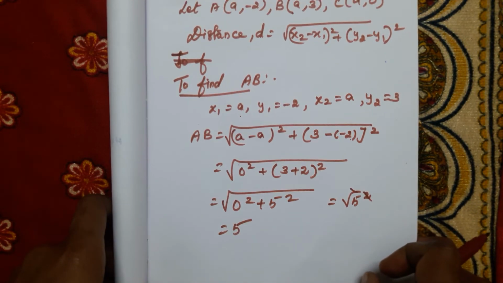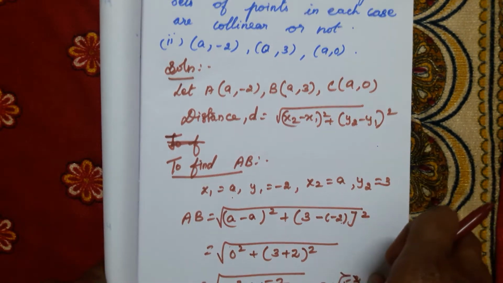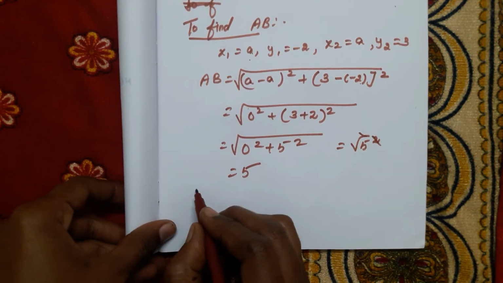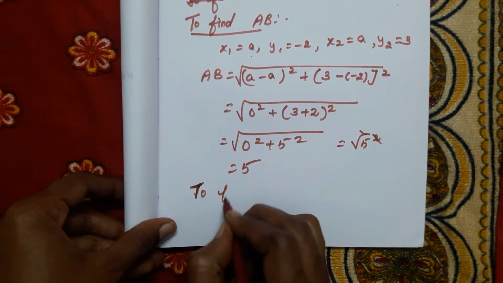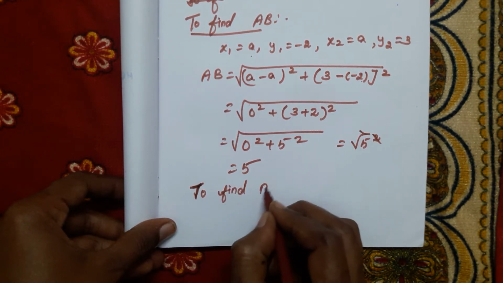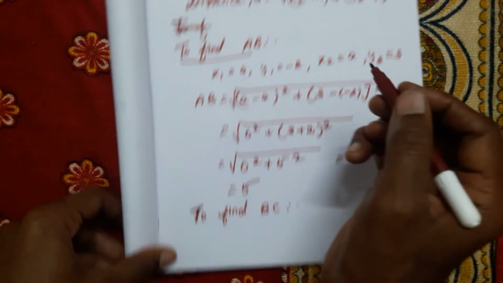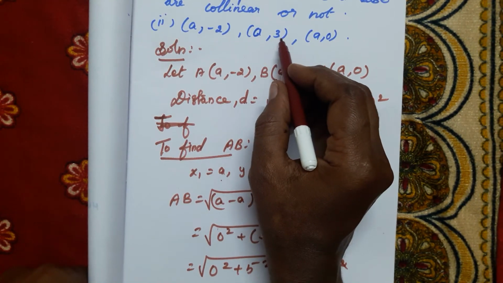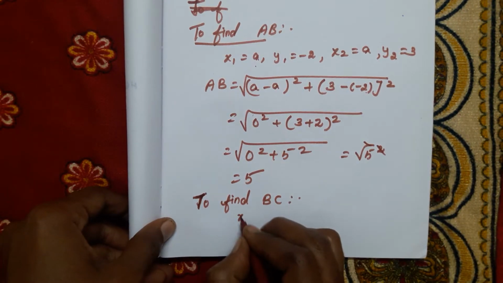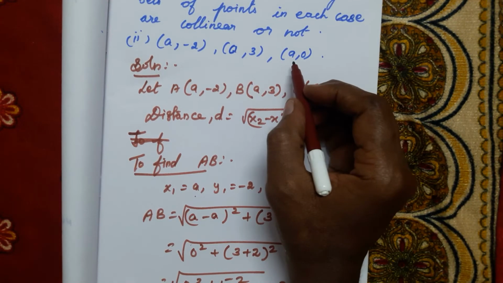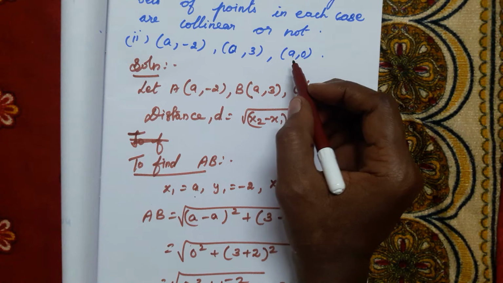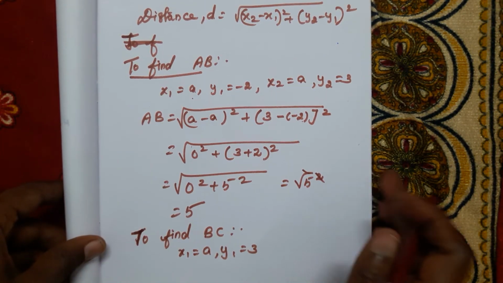Next we have to find out BC. x1 is equal to A, y1 is equal to 3. x2 is equal to A, y2 is equal to 0.